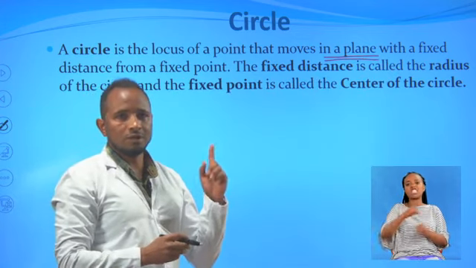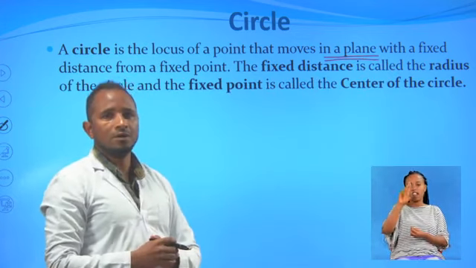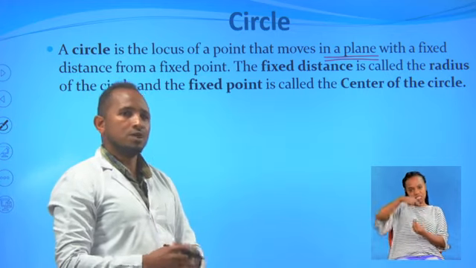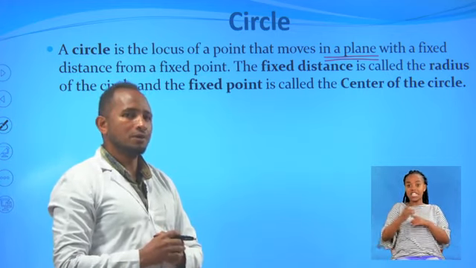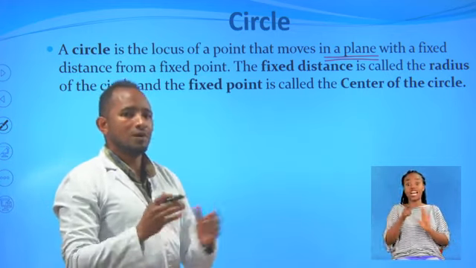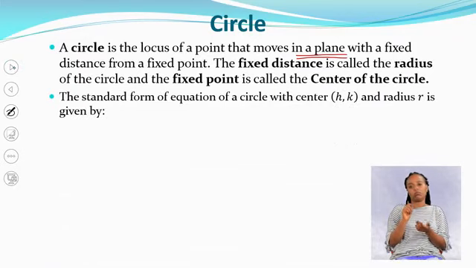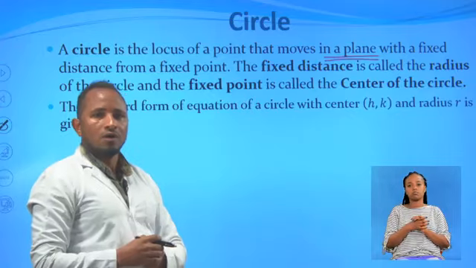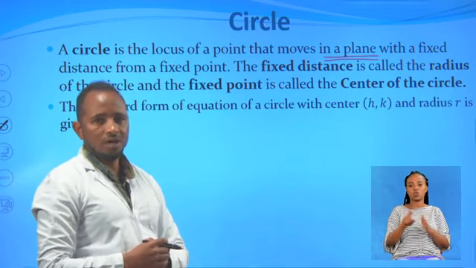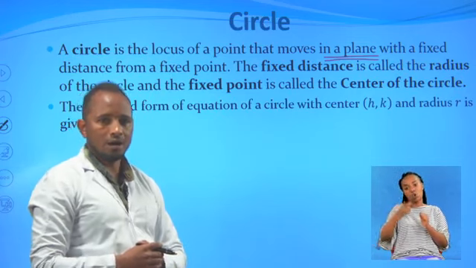So here the definition: a circle is the locus of a point that moves in a plane with a fixed distance from a fixed point, and that fixed distance we call the radius of the circle, and the fixed point is the center of the circle. So now let's see the standard form of the equation of a circle with center h comma k and radius r.